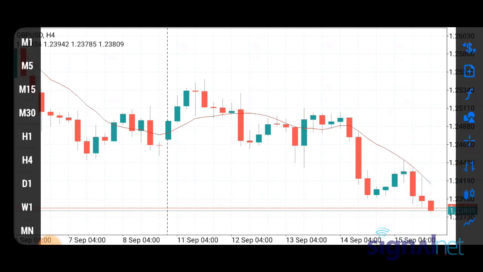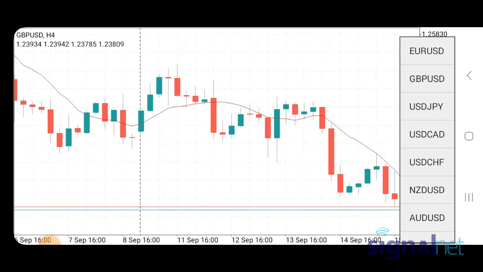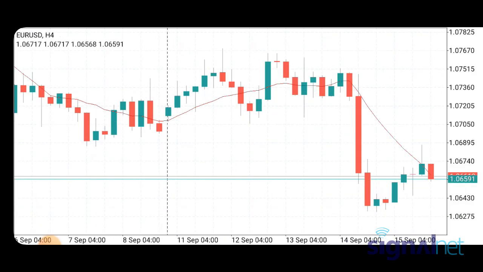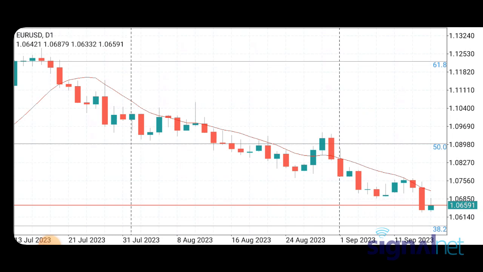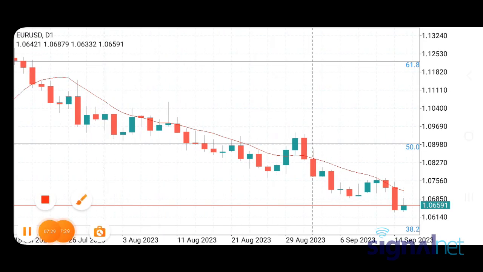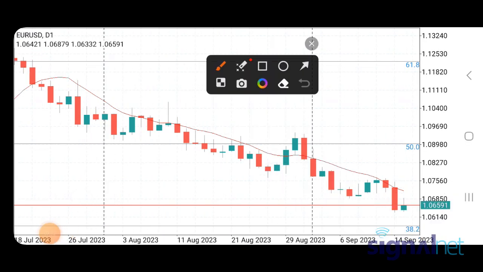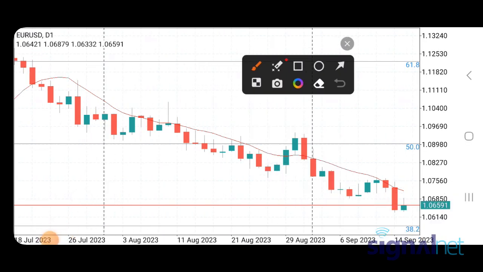For the Euro USD, it is less clear. Let's look at the daily chart of it. On the daily chart, the pattern, the decline, is kind of clearer.